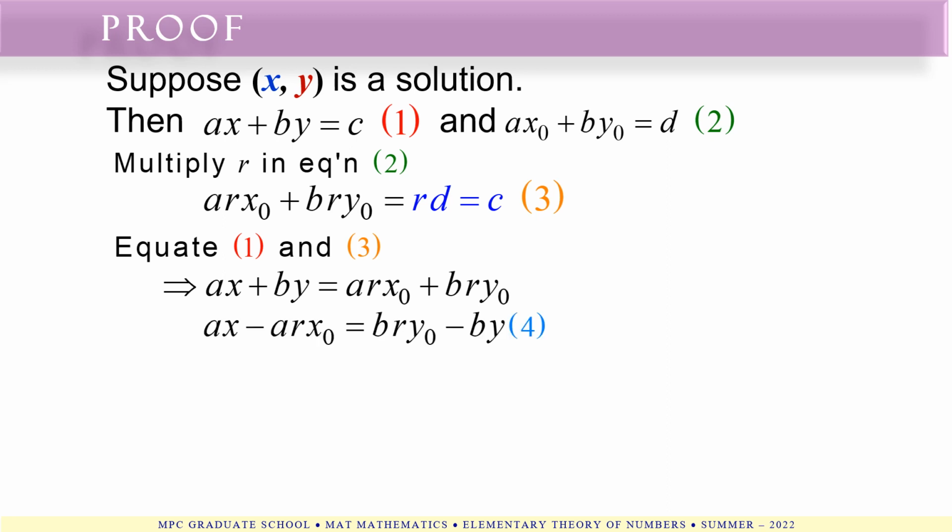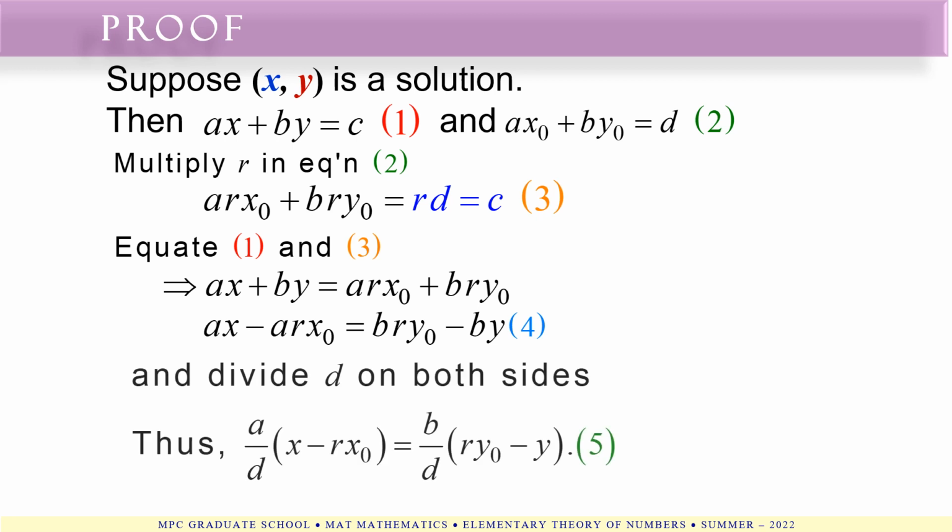Then transpose to combine like terms. ax minus a r x sub 0 equals b r y sub 0 minus by, as equation 4. Combine like terms and divide d on both sides.